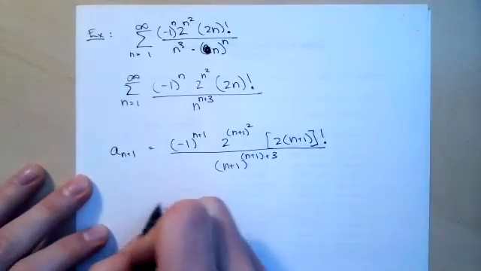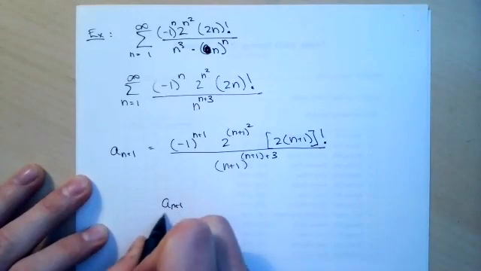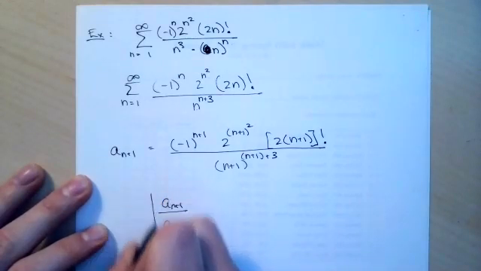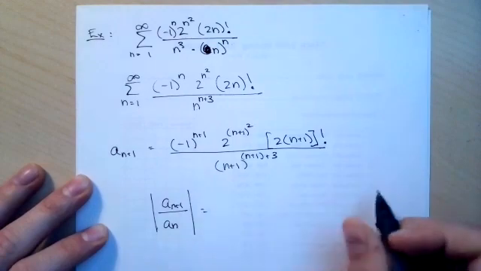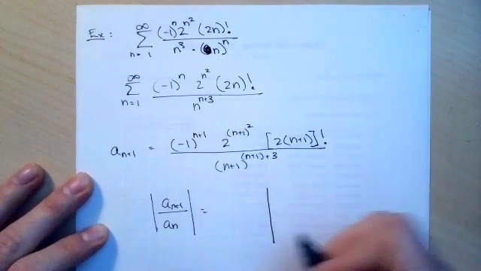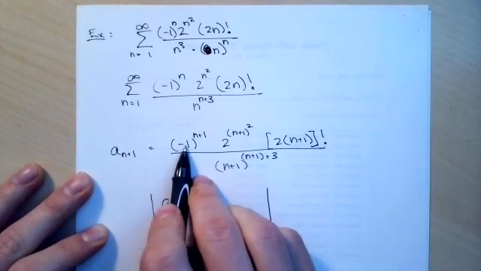And so our ratio, a_{n+1} over a_n, nicely enough, when we take the absolute value, the minus ones are not going to matter.